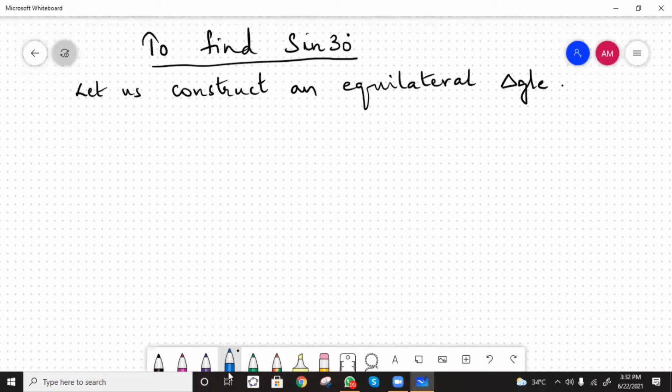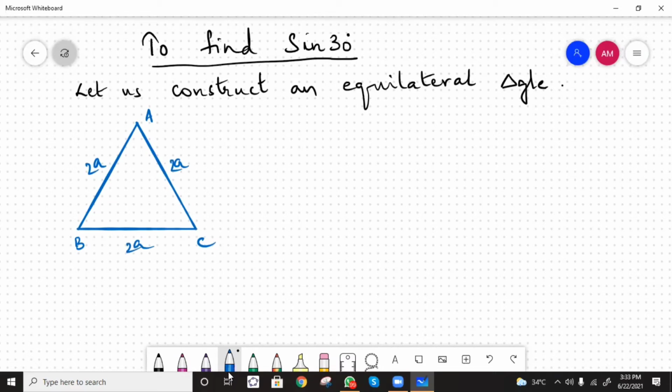All sides are equal. So in an equilateral triangle, all sides are equal. So if side is A, what about this side? All sides are equal. Let us take 2A for our convenience. Okay, we are taking 2A.